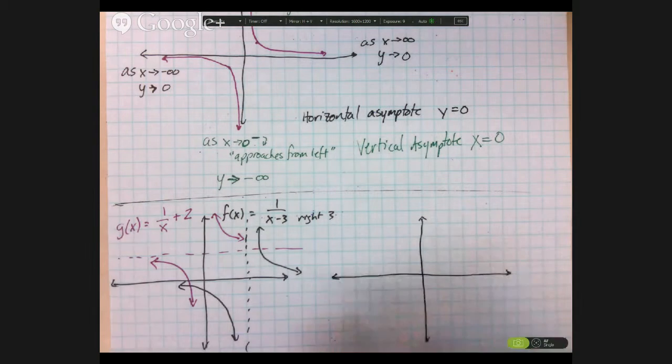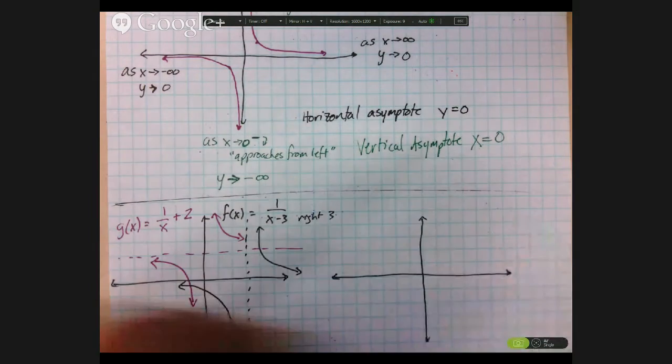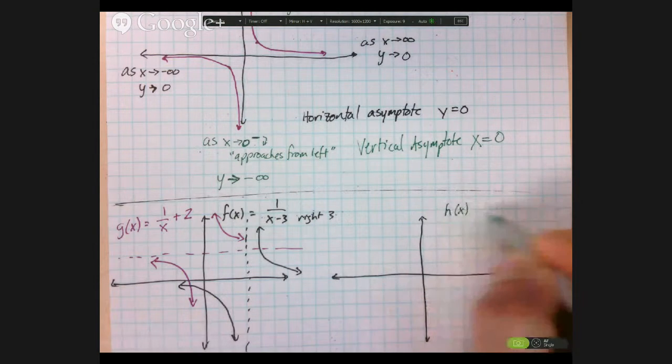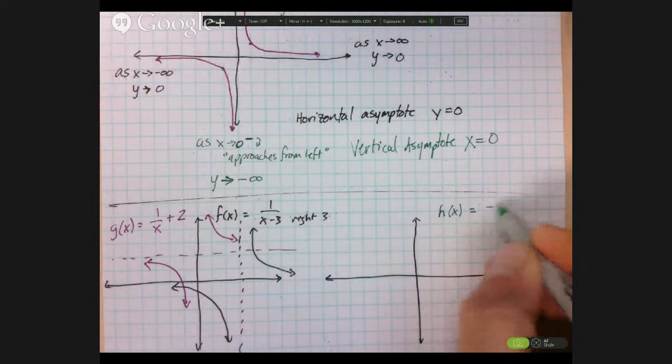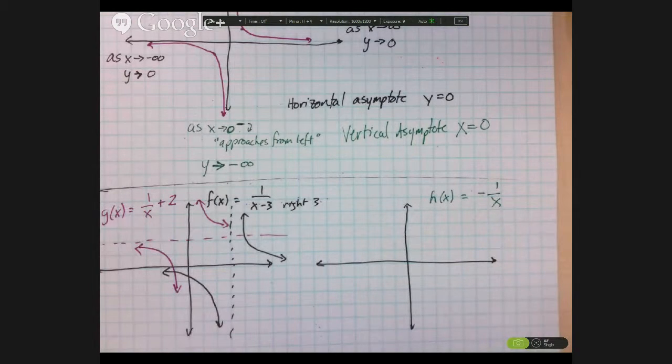Okay, we on board with the review of that? Okay. What if FG, let's call this one H. Negative. What does the negative do?